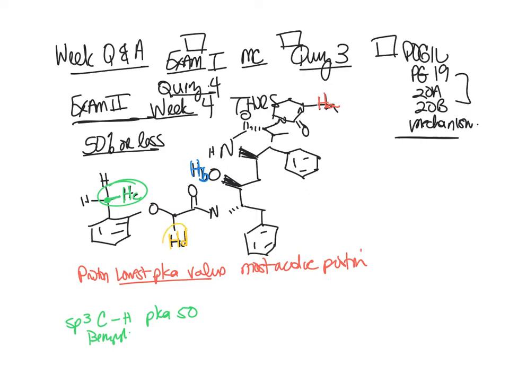You're looking at HD here. It's also on a carbon, and that is also an sp3 carbon. You don't know this yet, but it's also an alpha carbon, but you do have an OH. But as far as you can see, you could just say that's an sp3 carbon. You could say that's 50. HB is on an oxygen.